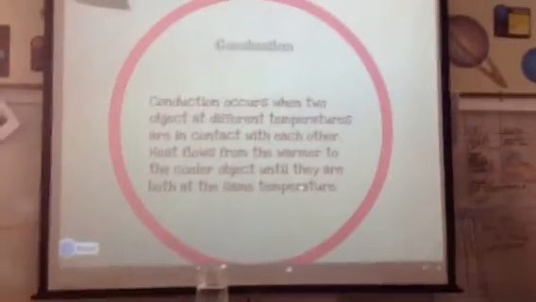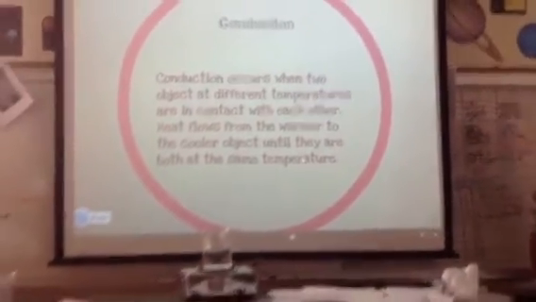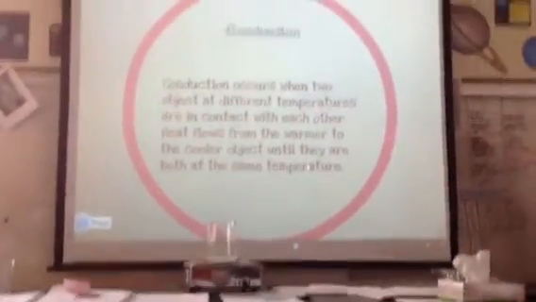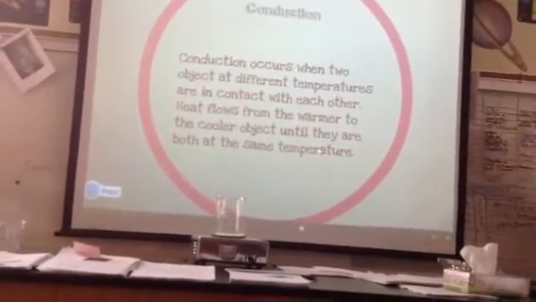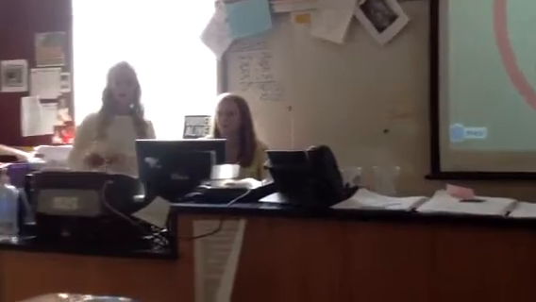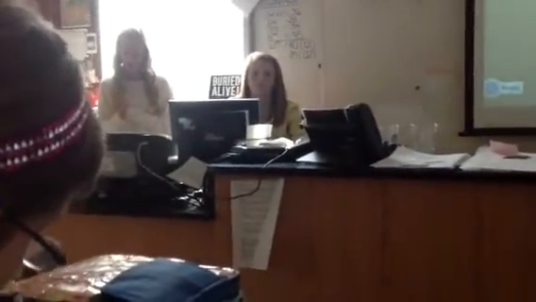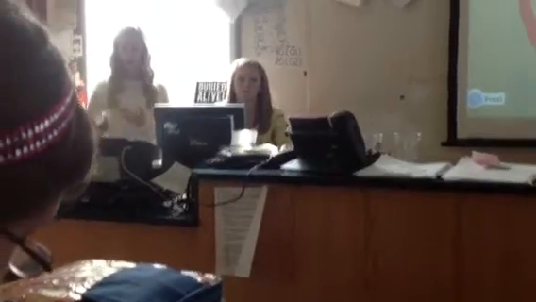So conduction is the transfer of heat between substances that are in direct contact with each other. Like when you're boiling water, you put the pot on the heater, and touching it heats it up. The better the conductor, which would be the pan, the quicker the heat transfers.